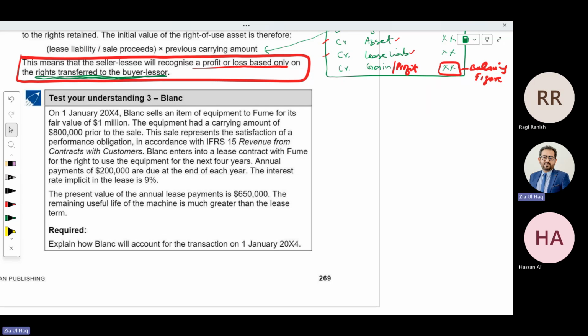After that, they entered into a lease contract for the same asset, sale and leaseback. Annual payments of 200,000 are due at the end of each year. The interest rate implicit in the lease is 9%. The present value of the annual lease payments is 650,000. The remaining useful life of the machine is much greater than the lease term.